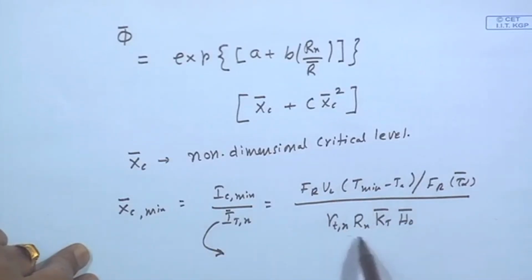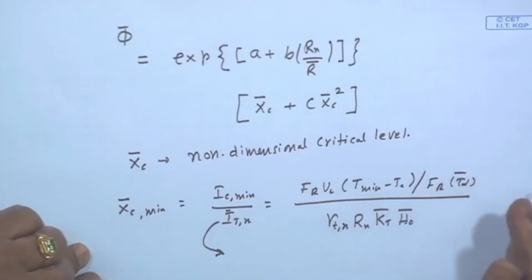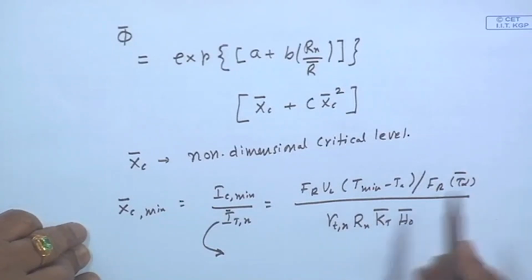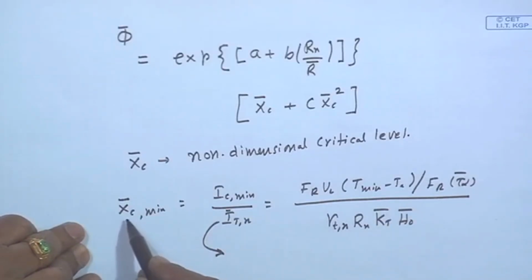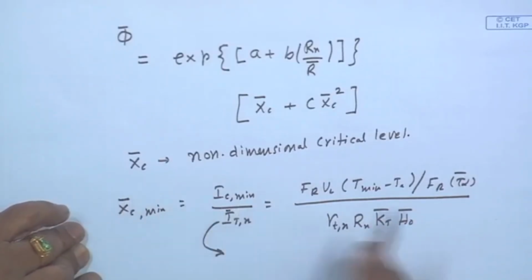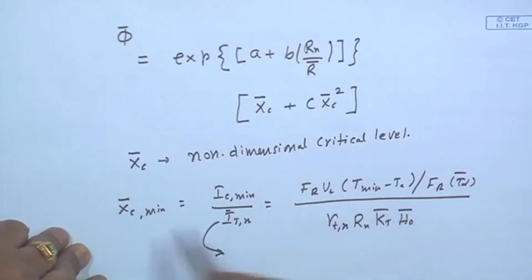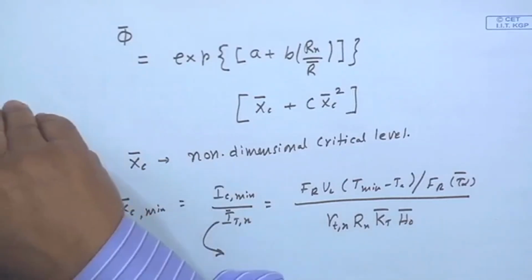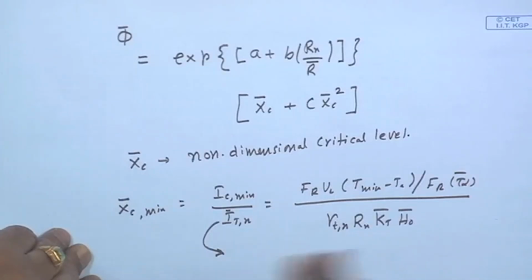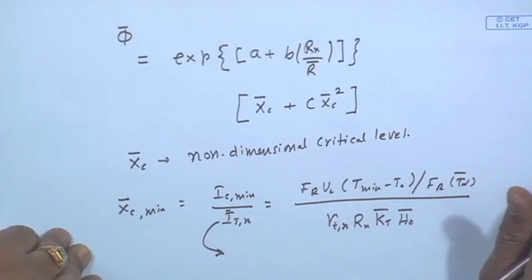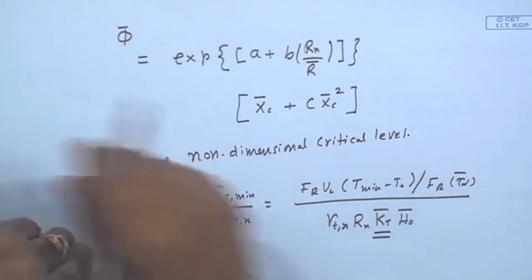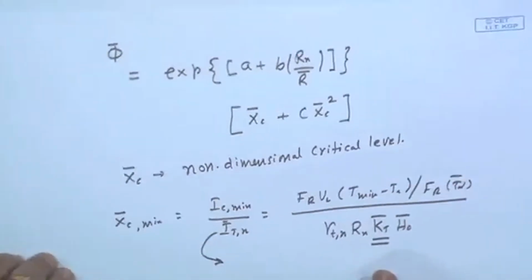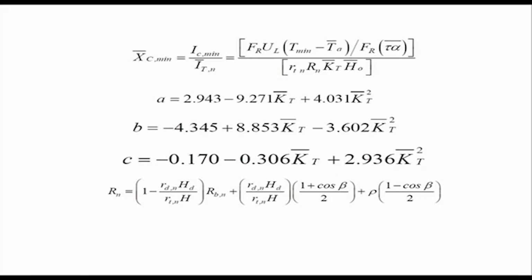Because this is an average level, solar radiation will be higher on days with KT greater than KT bar. So, there will be useful energy gain even if xc bar is greater than 1. You should not think that once the noon time solar radiation is reached there will be no more useful energy above that level; this is based upon the average day of the month. So, the constants A, B, C are correlated in terms of the clearness index.